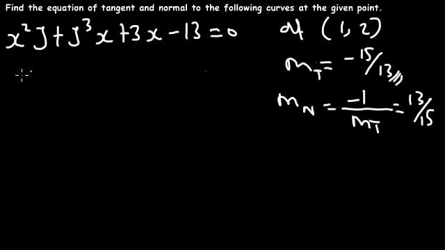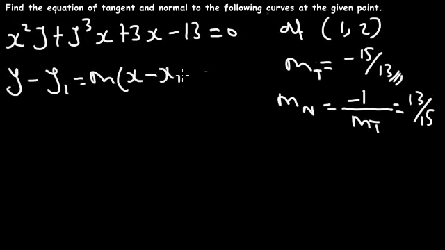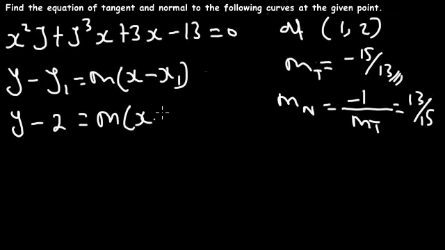So therefore, the equation of the normal line to this curve at (1, 2) will be y minus y1 equals m in the bracket of x minus x1. That becomes y minus 2, y1 is 2, equals m multiplied by x minus 1. Well, m is given. We have it: 13 over 15 multiplied by x minus 1.